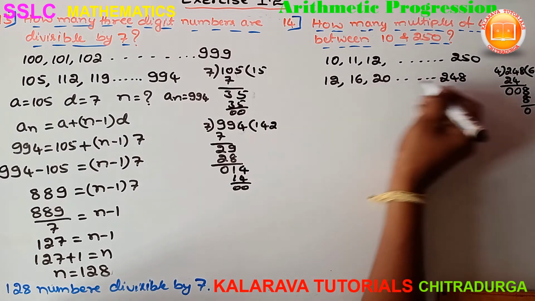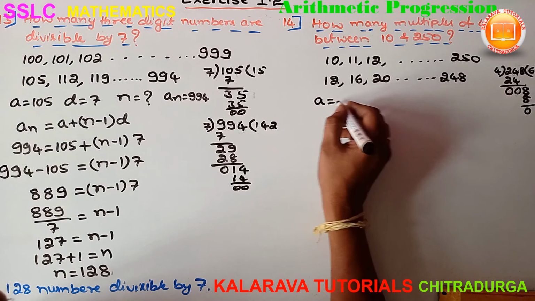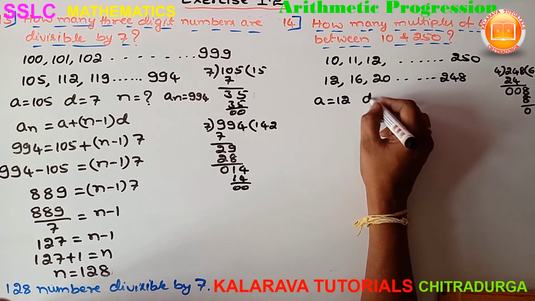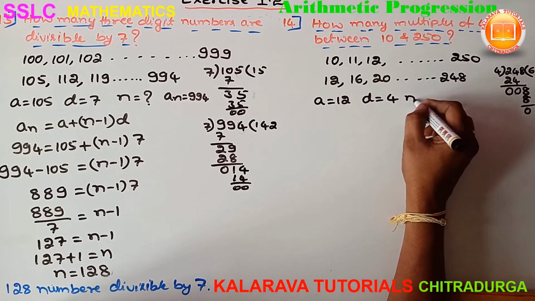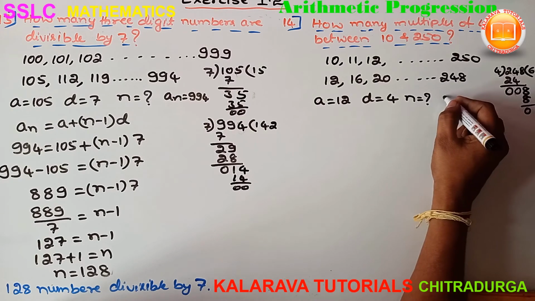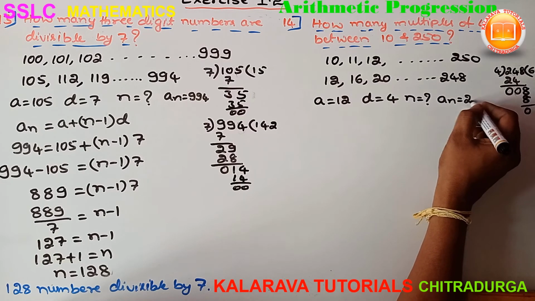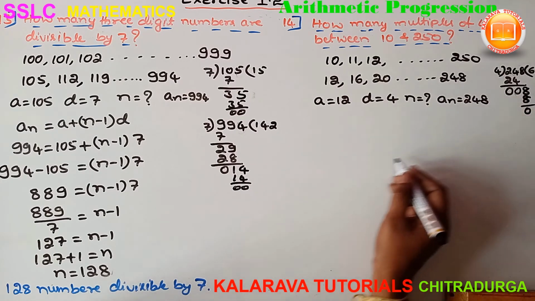Now the AP is there. So we write a is equal to 12 and d is equal to 4. Now we have to find the number of terms n, where an is 248.